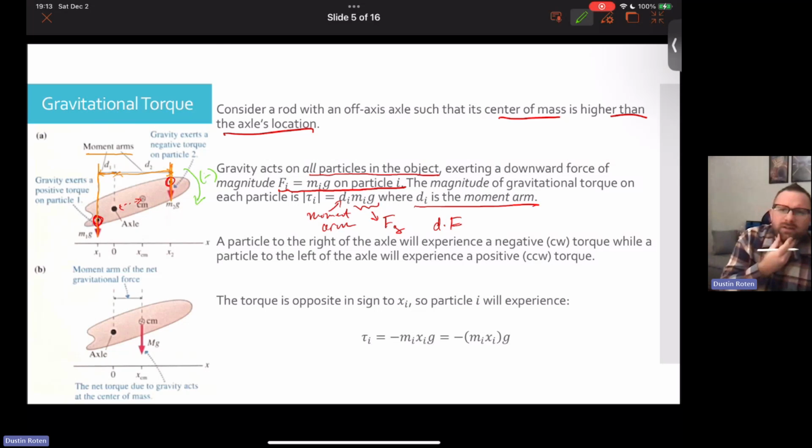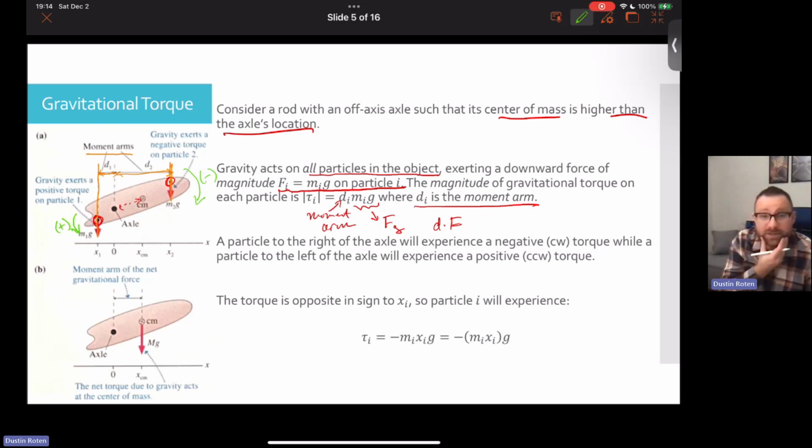Now, if we look at the particle on the left of the axle, particle 1, it's actually wanting to spin in a counterclockwise direction, because gravity is pulling down on it this way. It's wanting to spin the other way, counterclockwise, which would actually be positive. So we have a positive torque here.